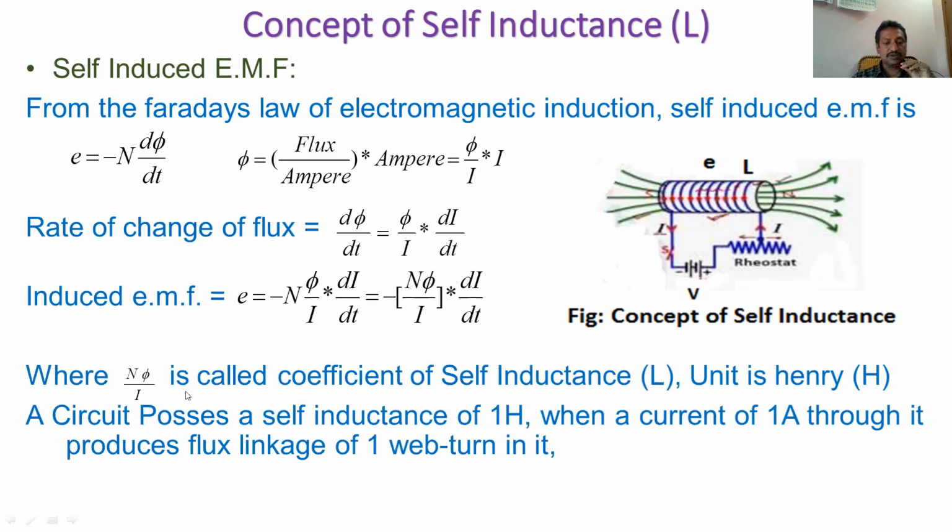That constant term is called the coefficient of self-inductance. Its unit is henries. If a circuit possesses a self-inductance of 1 Henry, when a current of 1 ampere flows through it, it produces a flux linkage of 1 Weber, then e is equal to minus L into di by dt. This is the basic formula of self-induced EMF in terms of self-inductance and rate of change of current.